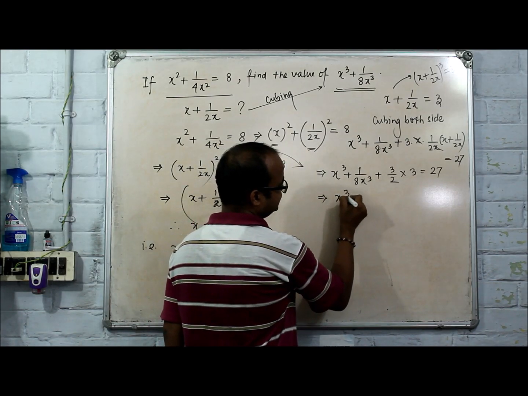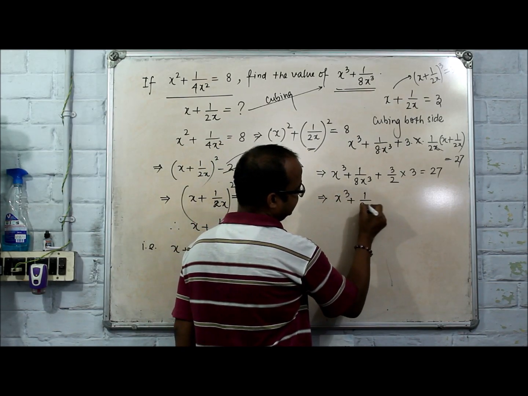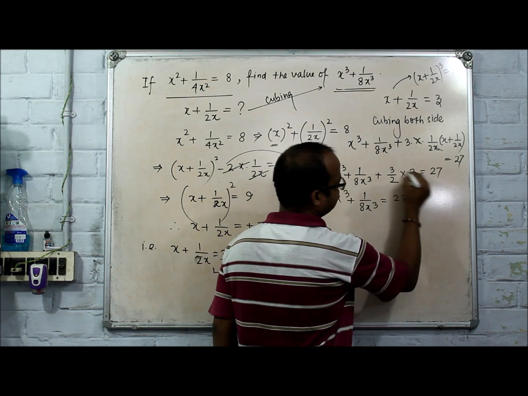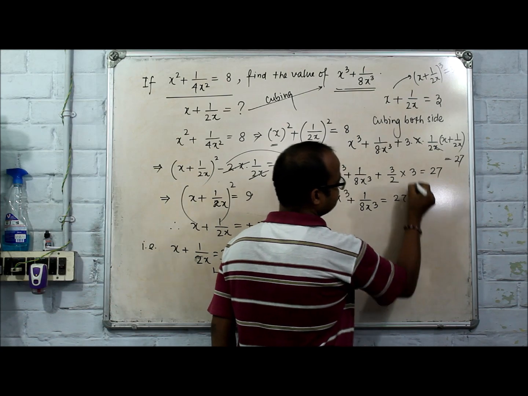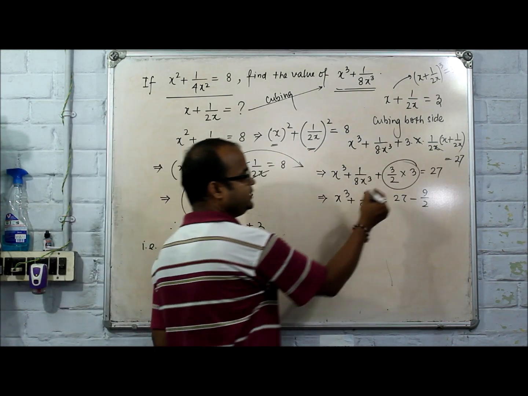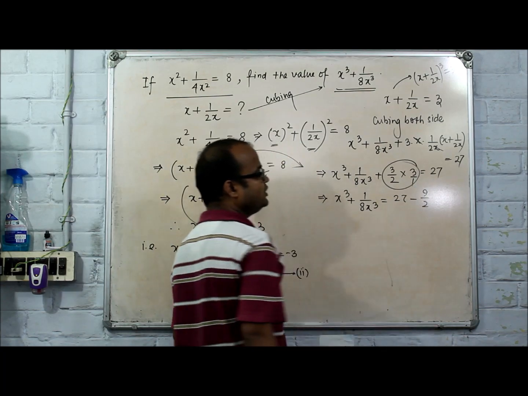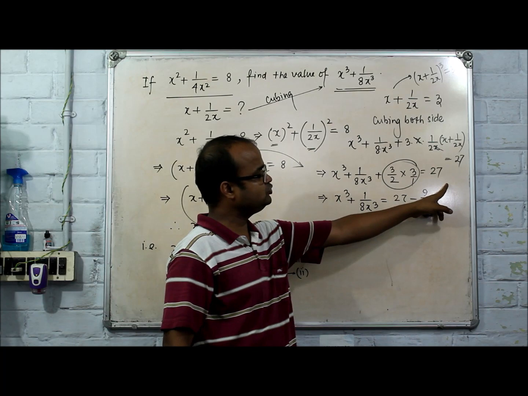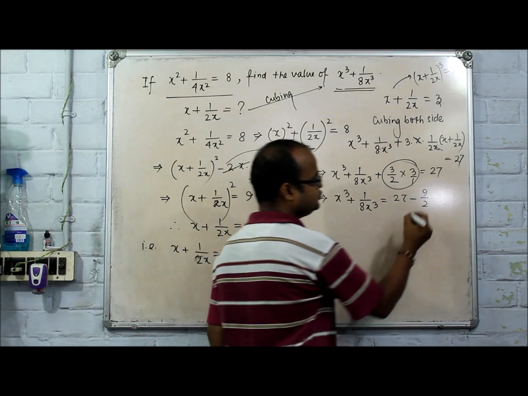So you get x cube plus 1 by 8x cube is equal to 27 minus 9 by 2. This is 3 by 2 into 3, so 3 3s are 9 by 2. When you take this term to the other side, it will become minus 9 by 2.